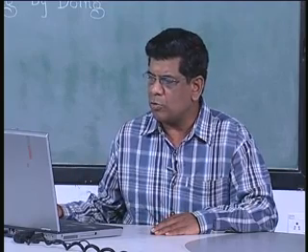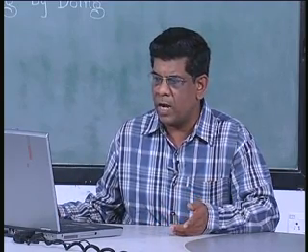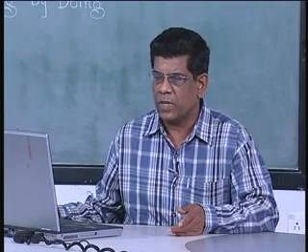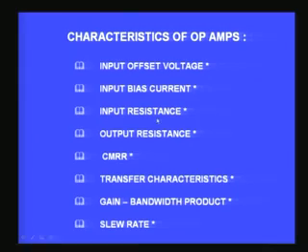So I want you to recapitulate at the end that you have the different input offset voltage, input bias current, input resistance, output resistance, common mode rejection ratio, the transfer characteristics between the input and output of the amplifier, the gain bandwidth product of the operational amplifier, and the slew rate.